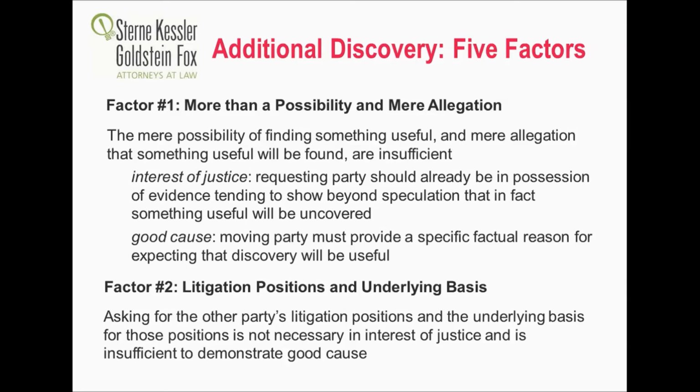Now, if the file wrapper is not publicly available, then there's been a case where they've let that discovery go through. The fourth factor is that your instructions have to be easily understandable. For example, if you're going to ask for interrogatories, the interrogatories have to be understandable and easy for the other side to answer.